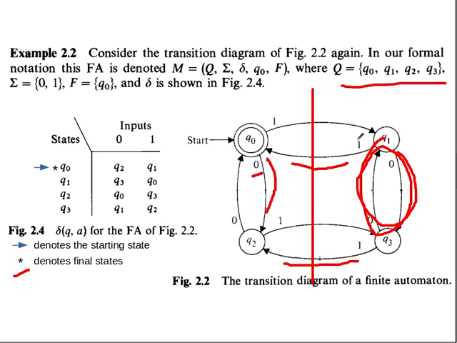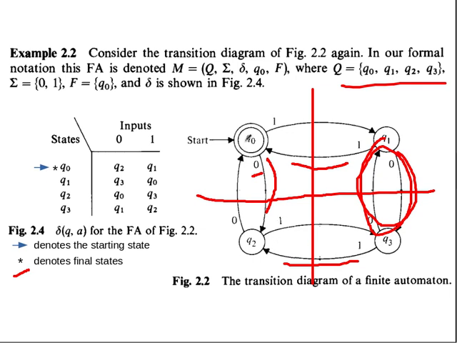And if it is here, it has seen an odd number of ones. By symmetry, you can divide this machine like this, and if the machine is in this region, it has seen an even number of zeros, and if it is here, it has seen an odd number of zeros.